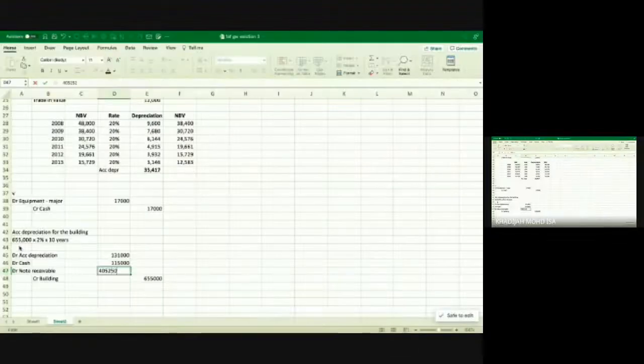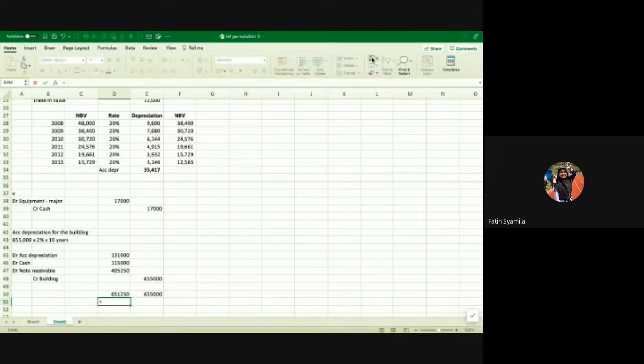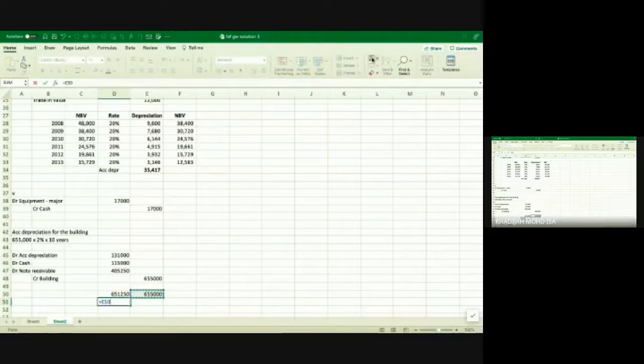Right. So now you have to check whether that is a gain or loss on the disposal. So on the right side you have 655,000. Is it a gain or loss? Look at the credit side, it is bigger than the debit side.